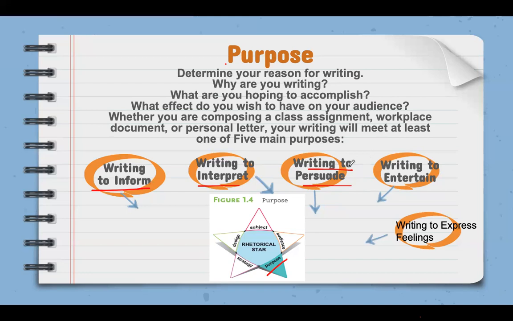So that is writing to persuade, writing to entertain. For example, you are writing entertaining stories, entertaining novels, or anything. That is writing to entertain, and writing to express feelings. And that is the fifth major point, the purpose that you should keep in your mind.